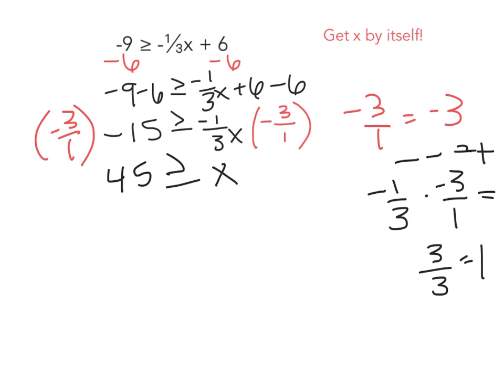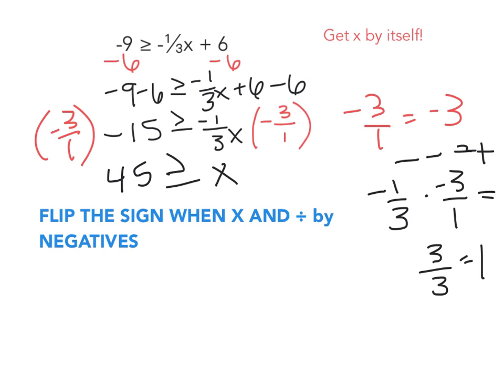Now, I wish we could say we're done, but we're not, because there's a rule that we have to remember when multiplying and dividing by negatives, and that is to flip the sign. So, since we multiplied by negative 3 on both sides, we have to flip this inequality.